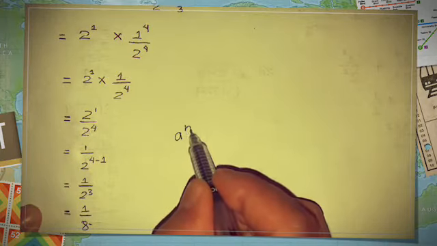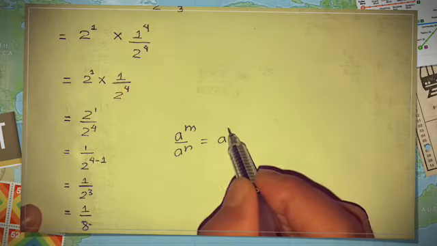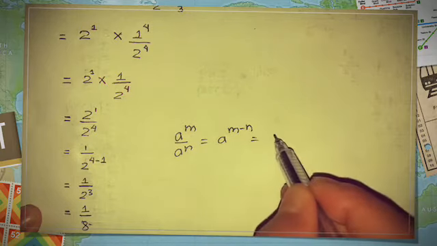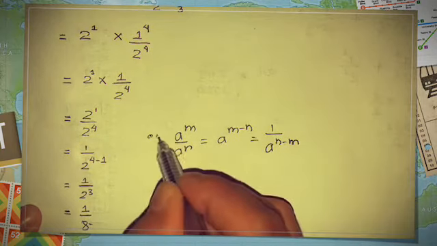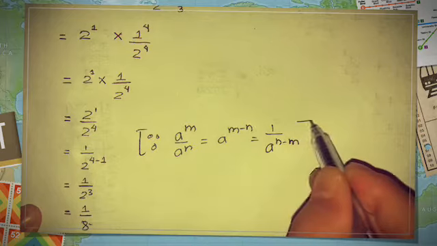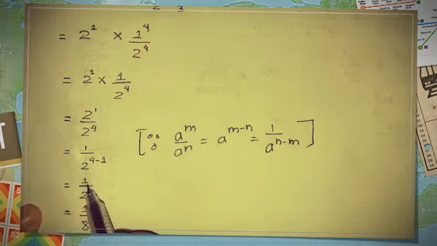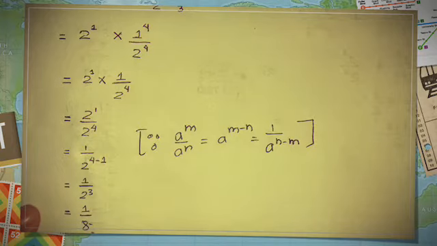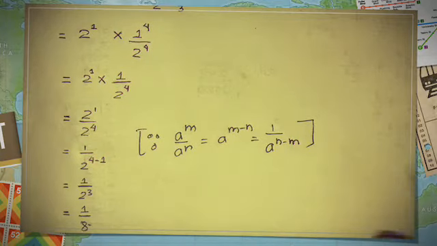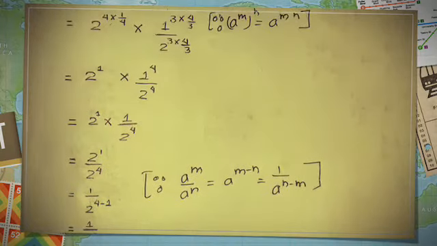In this case, m minus n, or 1 by a to the power n minus m, we can also do. So this is the law of dividing indices which is applied here. After this, 1 over 2 to the power 3 is 1 by 8. So the laws which are to be applied should be clearly understood by the students.